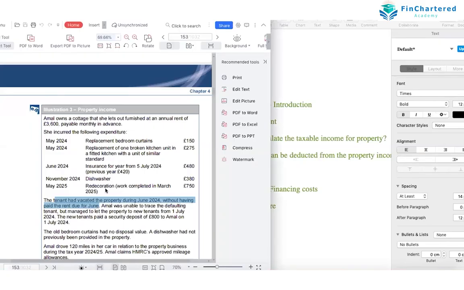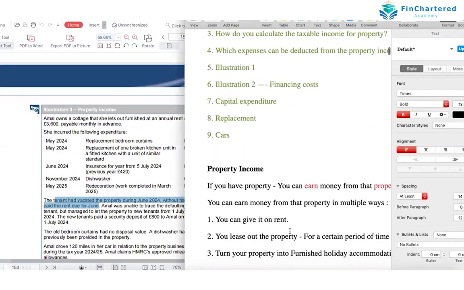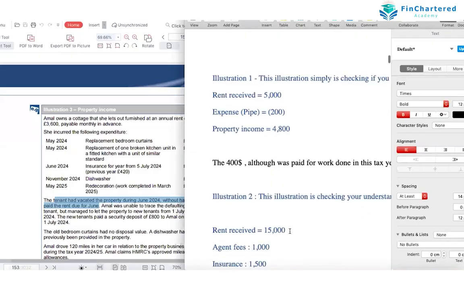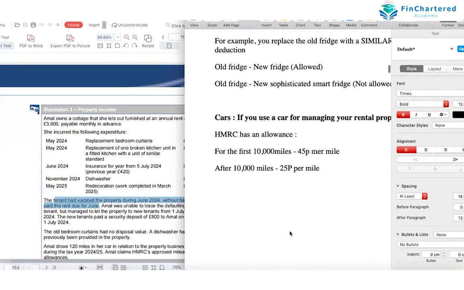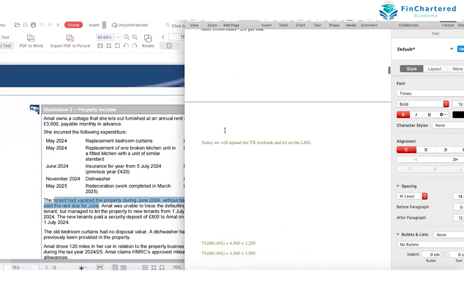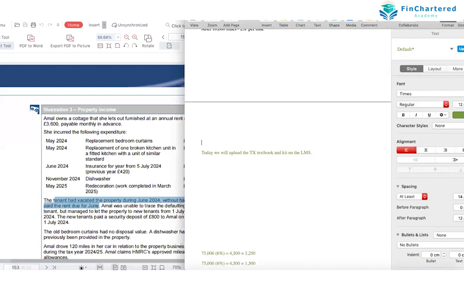Do you understand? Although we are supposed to receive 3,600, one month of rent we did not collect.